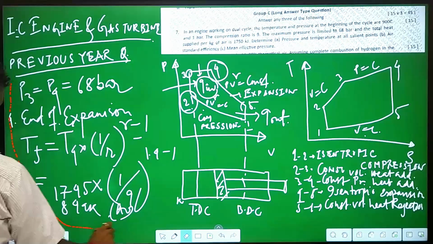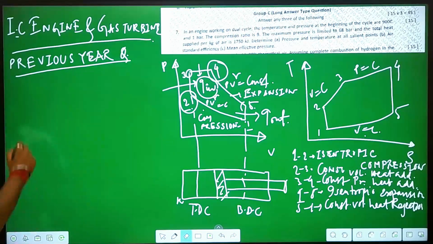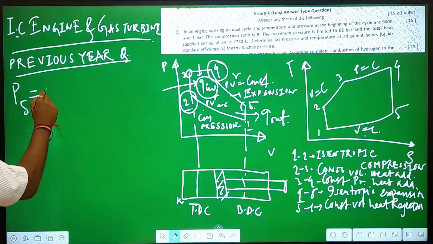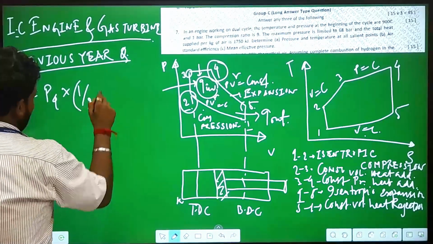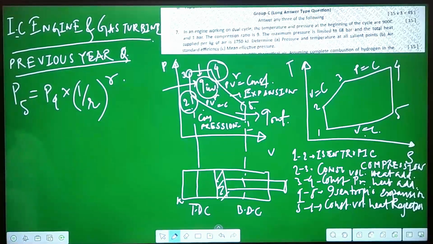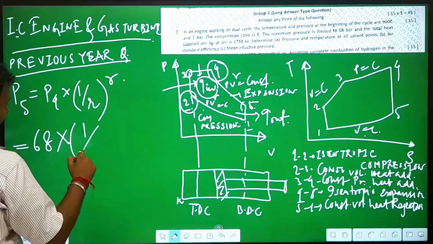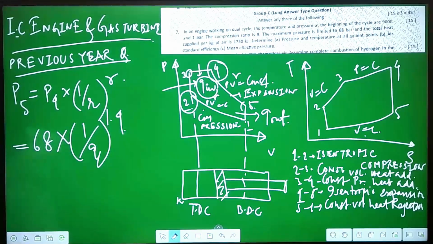Now P5, that means the pressure at salient point 5, is P4 into 1 by r whole to the power gamma. P4 is 68 bar, which is given in the given data, and 1 by r is equal to 1 by 9, to the power 1.4.